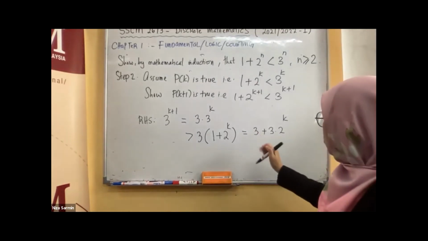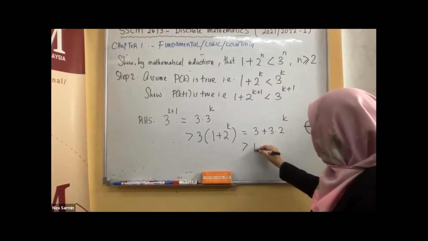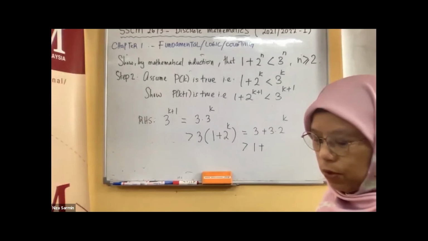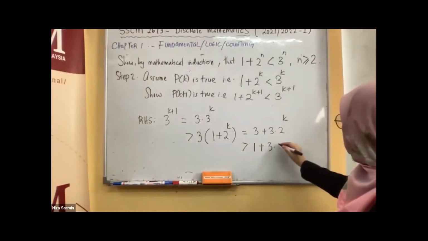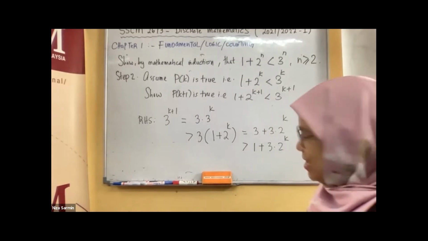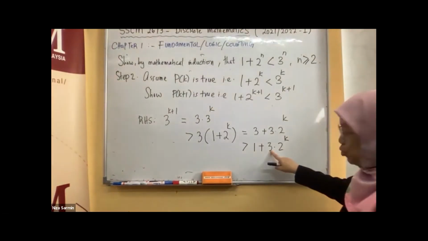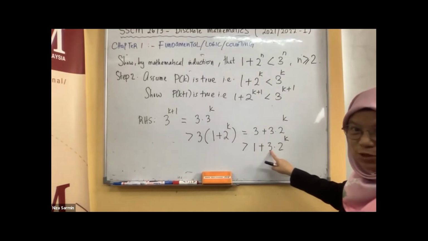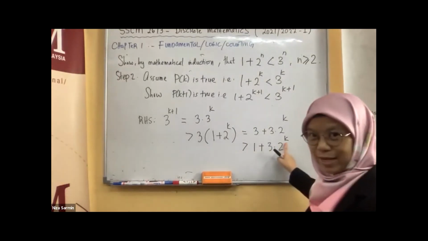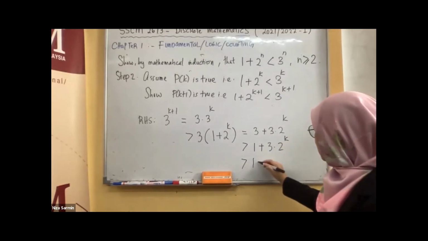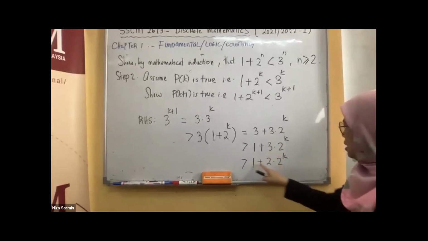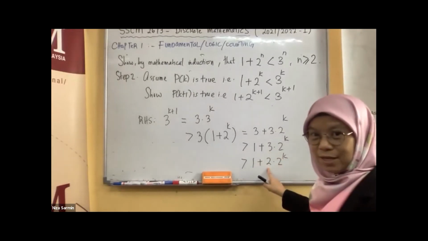Okay, so we want a 1. 3 is bigger than 1. Almost. I want this to be 2, right? I want this to be 2. So I will get k plus 1. But 3 is bigger than 2, right?